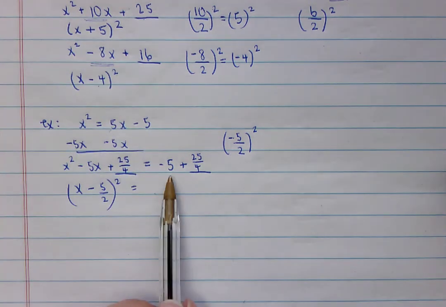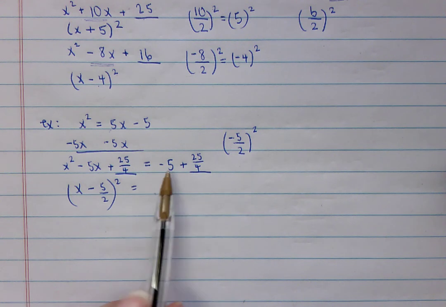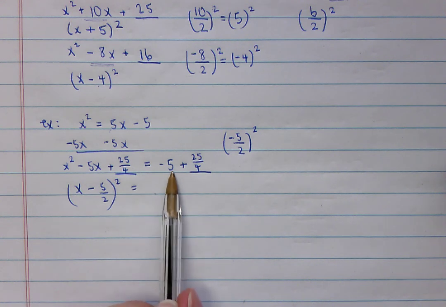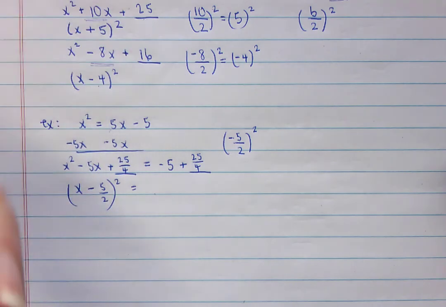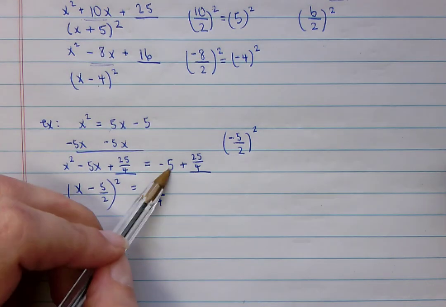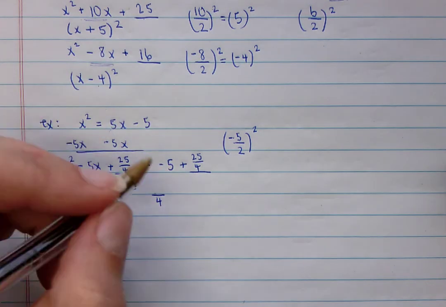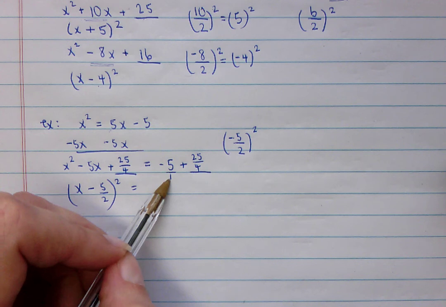And then on this one, I just have to get a common denominator here. So common denominator would be 4, and right now it's negative 5 over 1. If I make this 4 on the bottom, I'd have to multiply this by 4. Okay, so think about negative 5 over 1. If I want it to be a 4 on the bottom, I have to multiply the top and the bottom by 4.